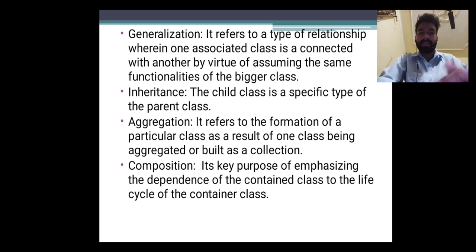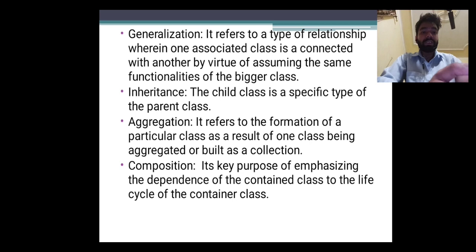And next is aggregation. Aggregation basically is a "has a" relationship, and similarly composition is also a "has a" relationship. Aggregation and composition are associations. Aggregation is a weak association, and composition is a strong association. Aggregation refers to the formation of a particular class as a result of one class being aggregated or built as a collection.